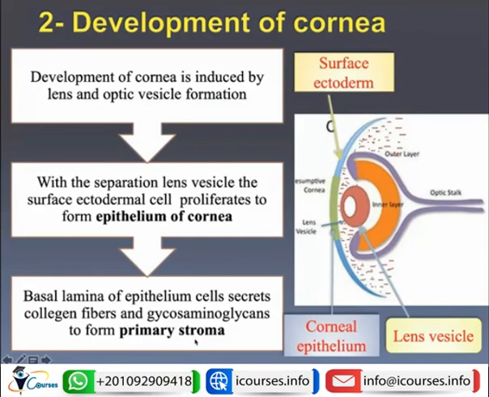As we know, the stroma is formed from three structures: collagen fibers, glycosaminoglycan matrix, and the keratocytes. The collagen fibers and the glycosaminoglycan matrix are derived from the epithelium of the cornea, so it will form the primary stroma. This is not the definitive or final stroma.